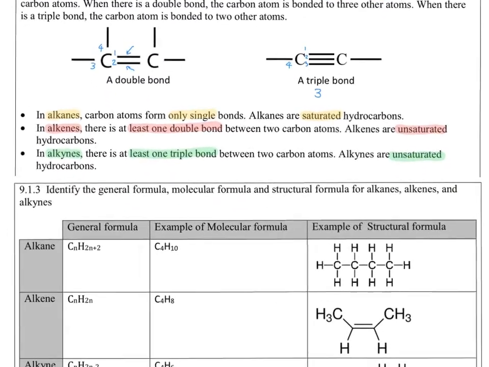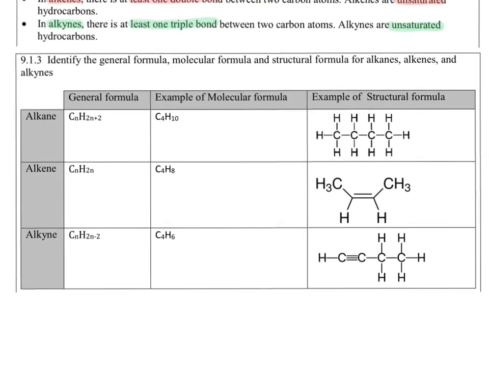Now we can work out whether or not molecules are alkanes, alkenes, and alkynes by looking at the formula as well as looking at the picture. So, looking at an alkane, remember we've said an alkane has got carbon to carbon single bonds. They've got the general formula of CnH2n+2. So we can work out the formula of any alkane that we'd like.